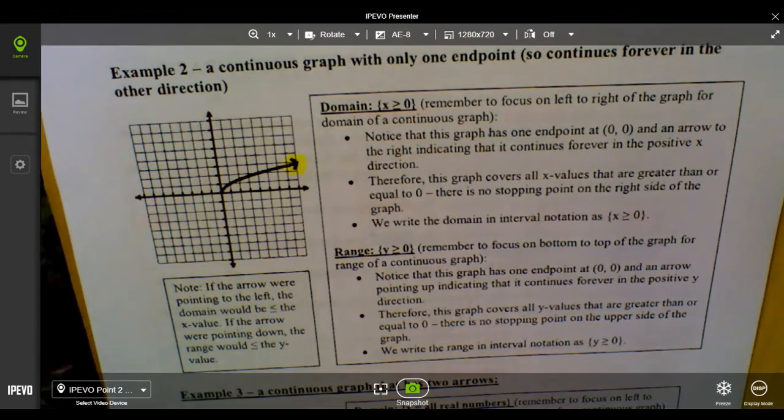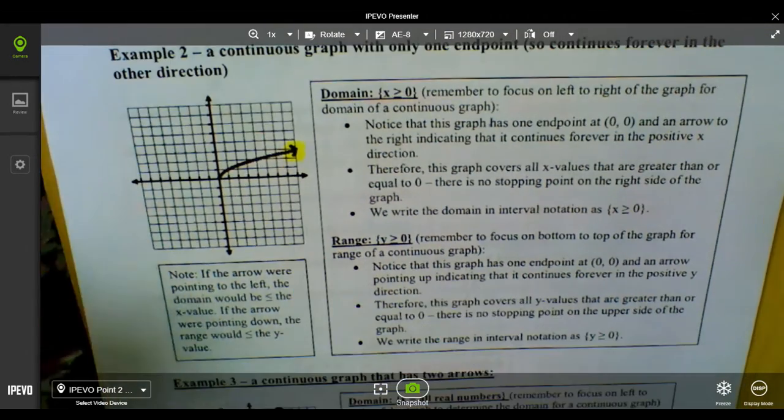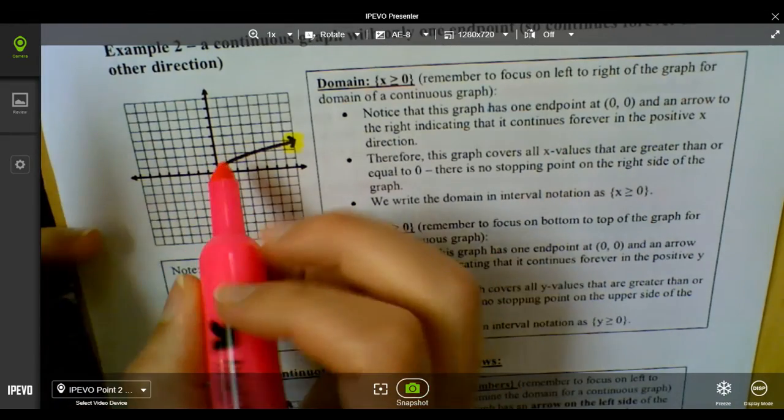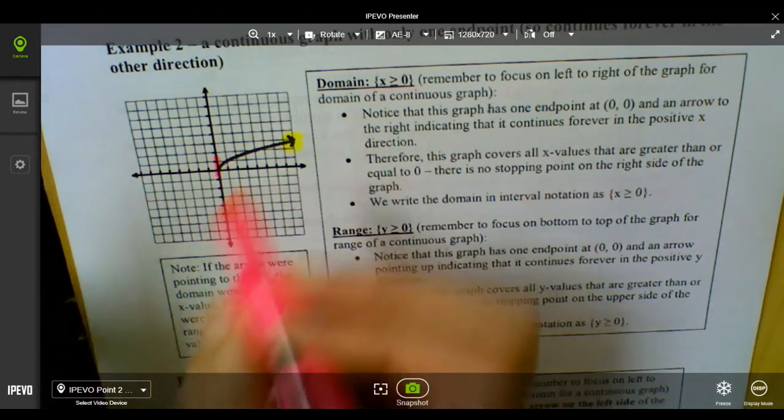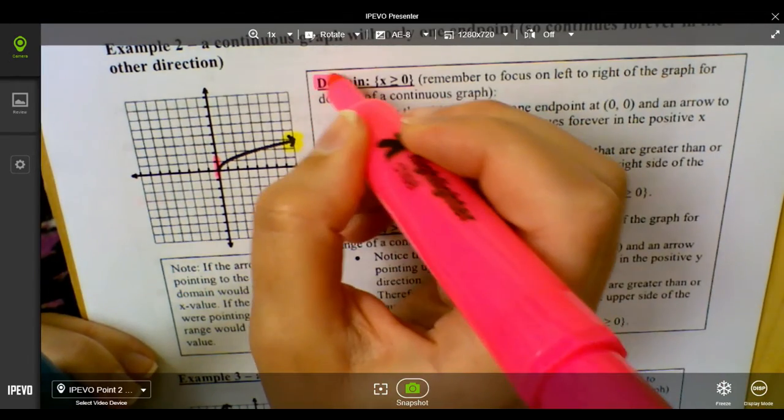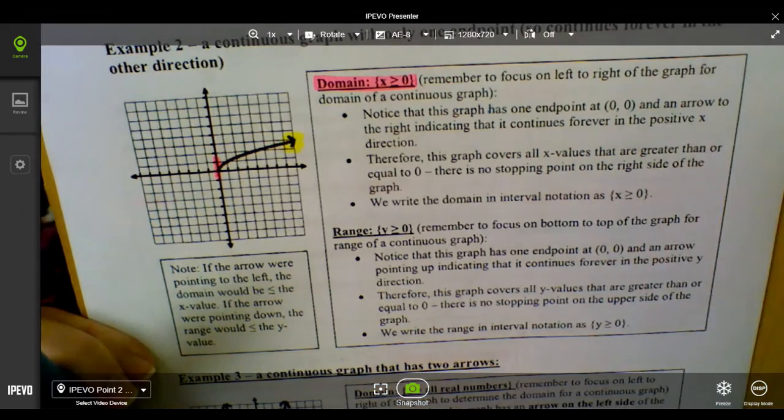So for this one, your x is talking about, let me get my pink highlighter, where it hits on the x-axis. So this is my lowest value on my x-axis, which is 0, and then it keeps on going on forever in the positive direction.